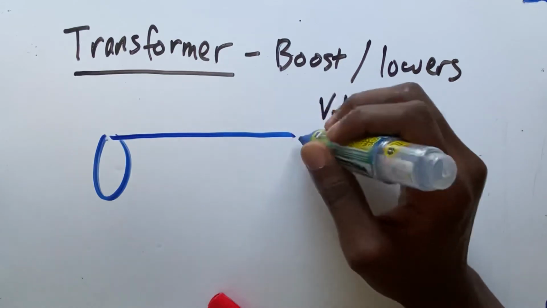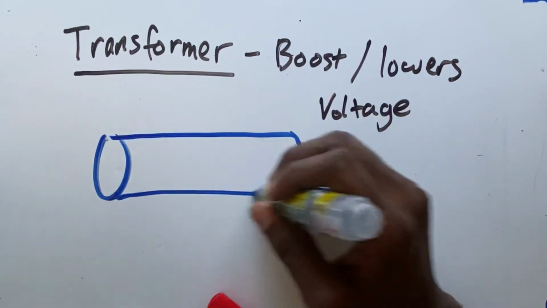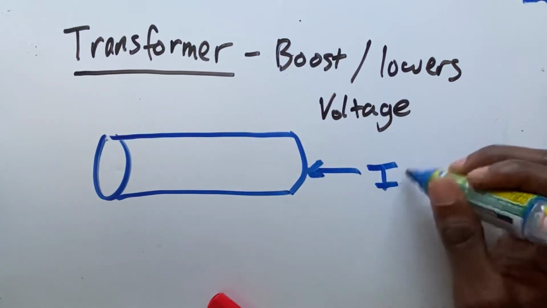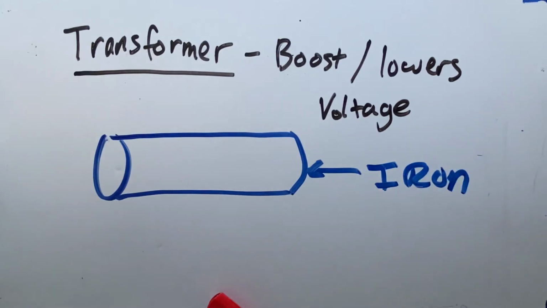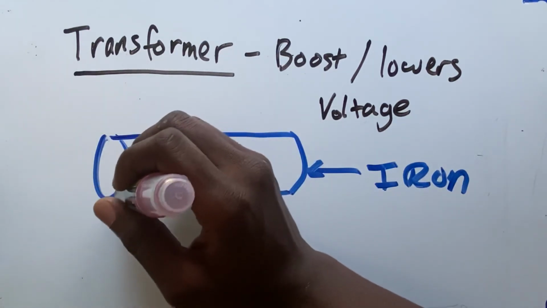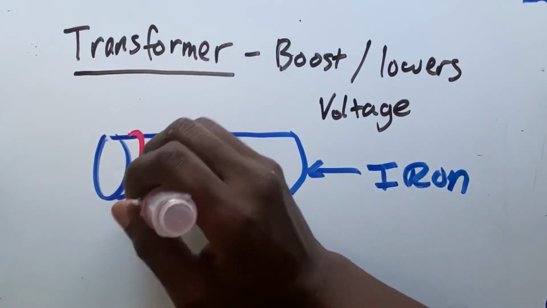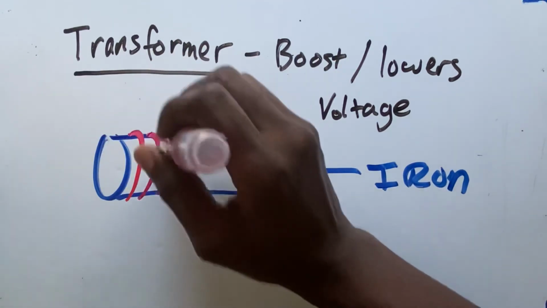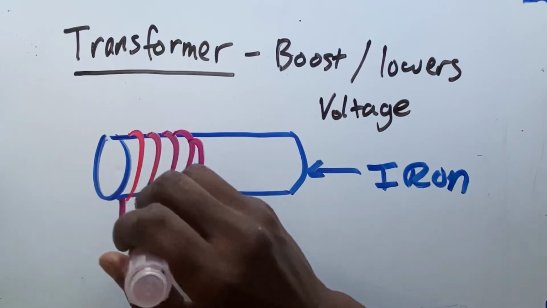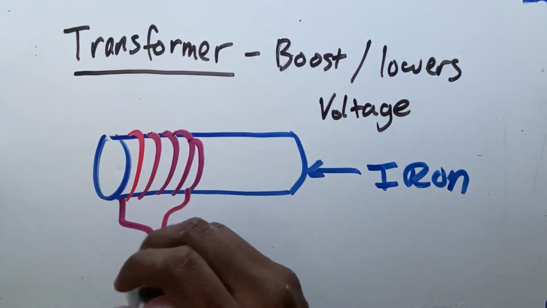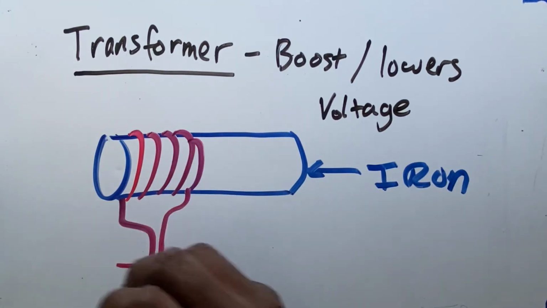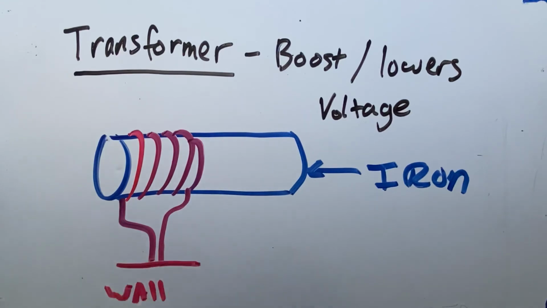We have some type of core here, usually made out of iron. So let's say this is iron. And this iron is wrapped up over here, and this is connected to the wall, let's say.